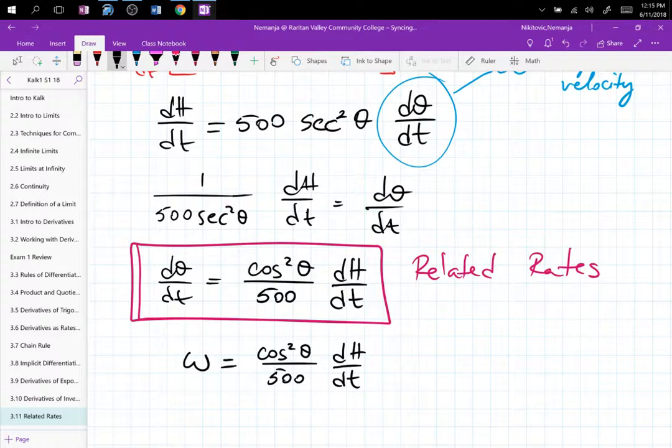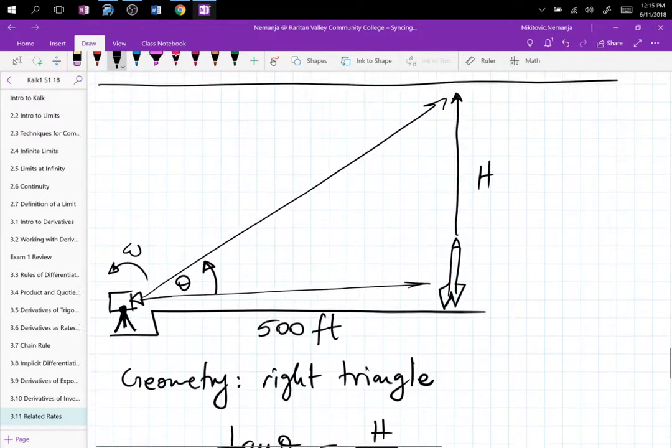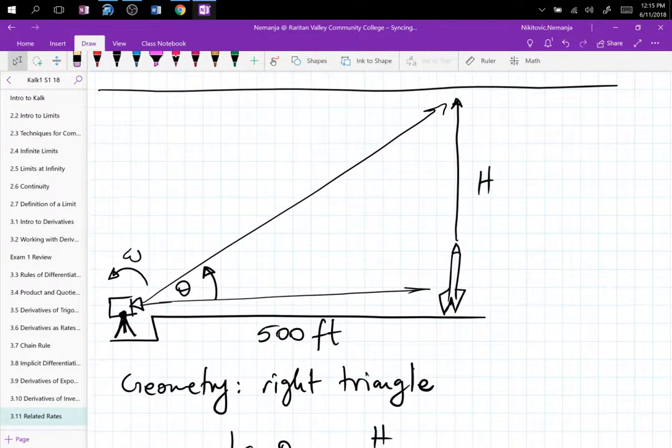What is dh dt? What's dh dt? As a concept in the problem, what's dh dt? No, that was omega. Yeah, change of height in time. Yeah, what's that?